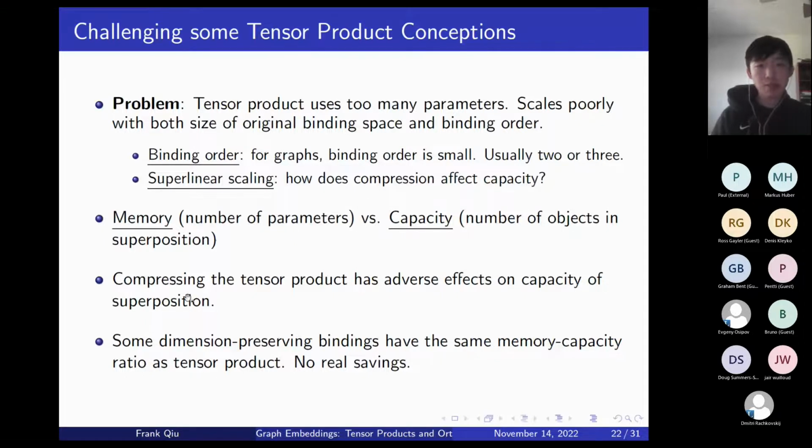We'll see that, in fact, compressing the tensor product might have adverse effects on the capacity, specifically how many things can I store in superposition. And we'll see that some dimension preserving bindings, including the Hadamard product, have the same memory capacity ratio as the tensor product. That when I compress the tensor product, I have a proportional penalty on the capacity, on the number of things I can store in superposition. So really, the memory capacity ratio of both methods is the same.